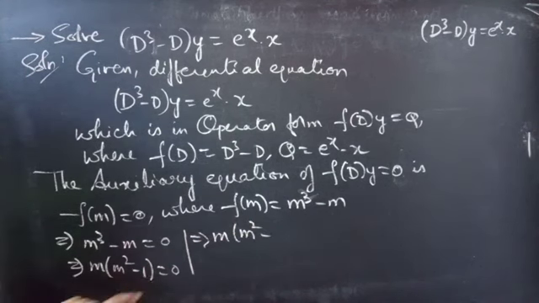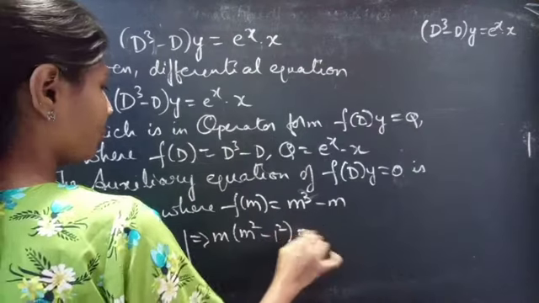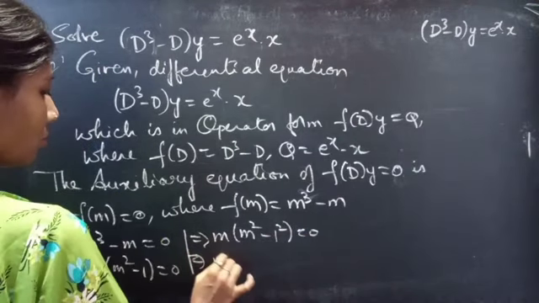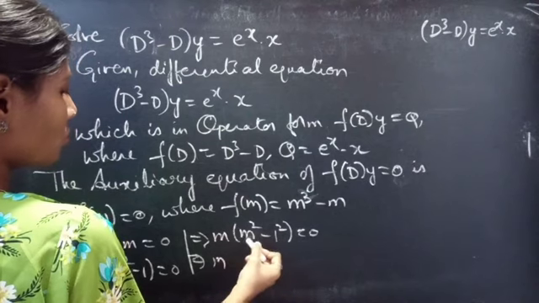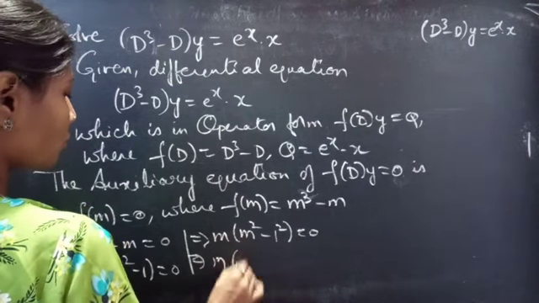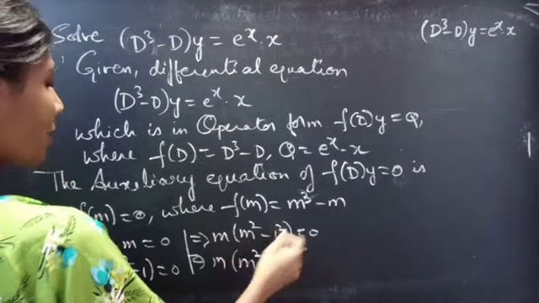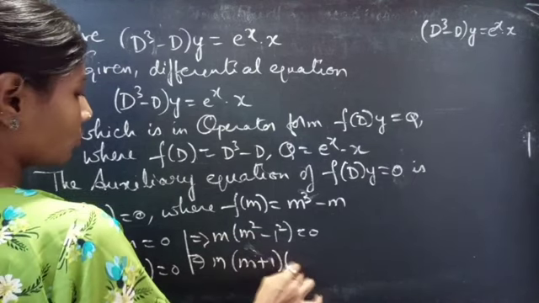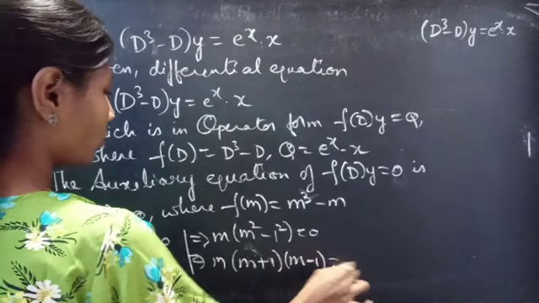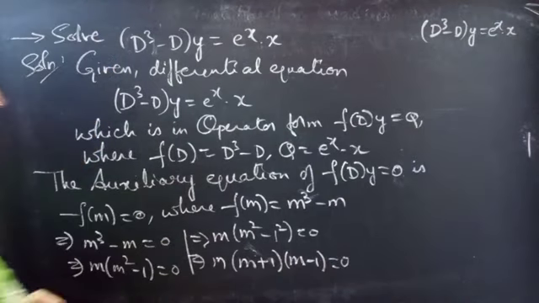Let's write this 1 as 1 square. This becomes m times (m square minus 1 square), which is of the a square minus b square form. So we can write m square minus 1 square as (m plus 1) into (m minus 1). Right? Now equate each factor to 0.